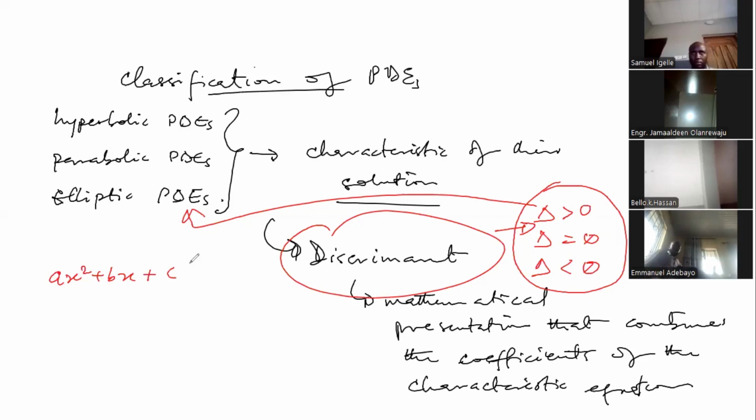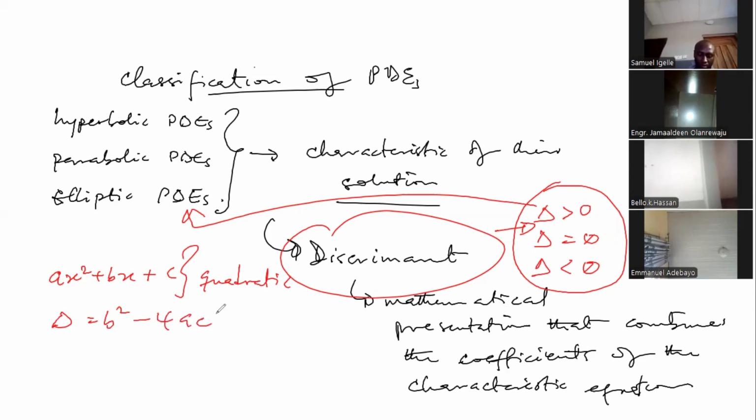This is quadratic, right? The discriminant, if it's a quadratic equation, is b squared minus 4ac. Perfect. That is the discriminant of this given equation.